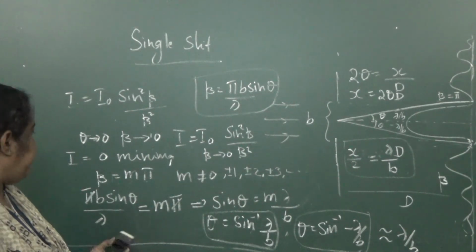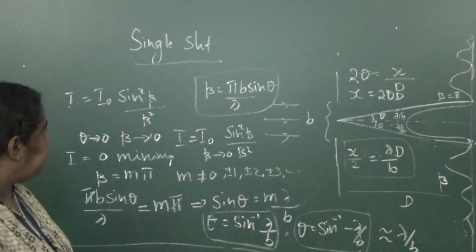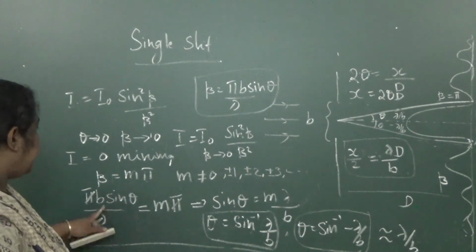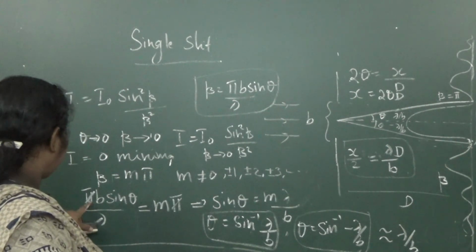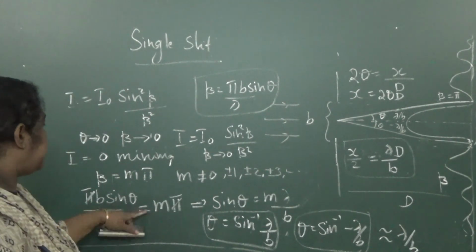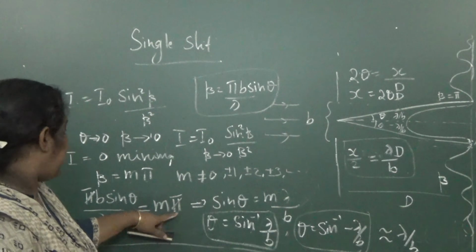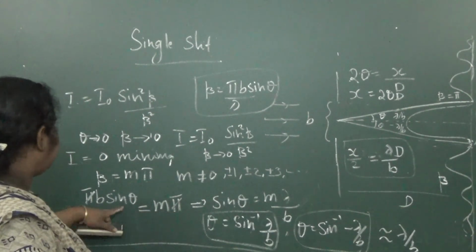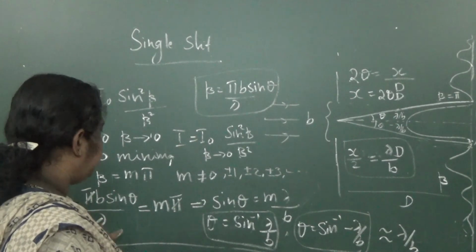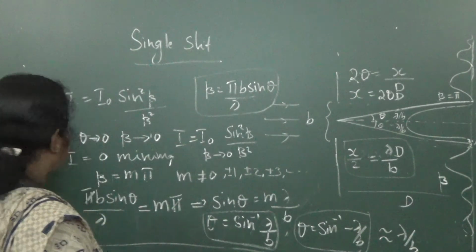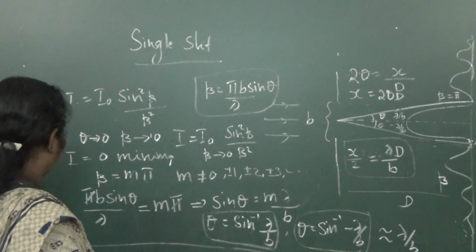Now see the condition. What you get actually will be pi by lambda b sin theta is equal to m pi. That means b sin theta is equal to, what is the condition? Here we will write once more.